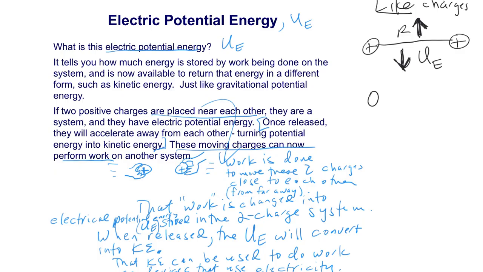Okay, so if you have like charges, the closer the R's, the higher the potential energy. That's a very important concept. Just think about this. The closer they are, the more they want to push away from each other, and there's more energy in that system.